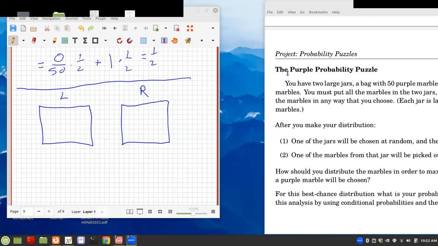Okay, does anyone have a distribution of red and purple on the left and the right that they'd like to try?